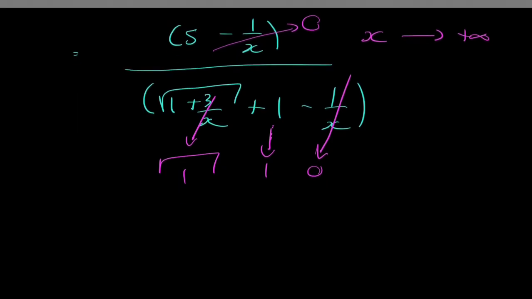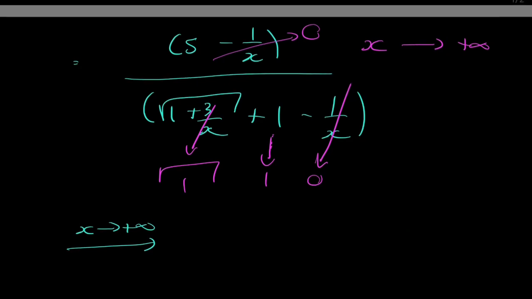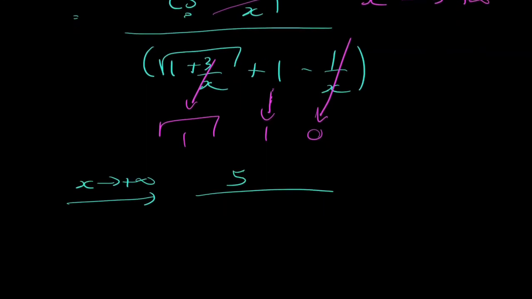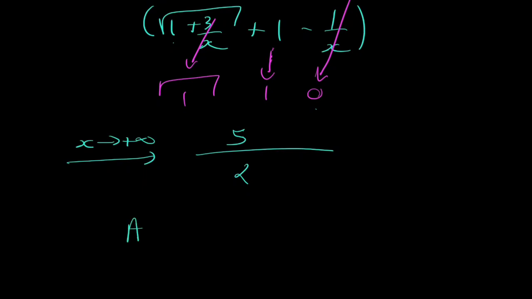And so the whole thing, when x tends to plus infinity, will tend to 5 over the square root of 1, because here the 1 stays as well, plus 1, and here I have a 0. And so 5 over the square root of 1 plus 1, 5 over 2, and this is the value of our limit. L is equal to 5 over 2.